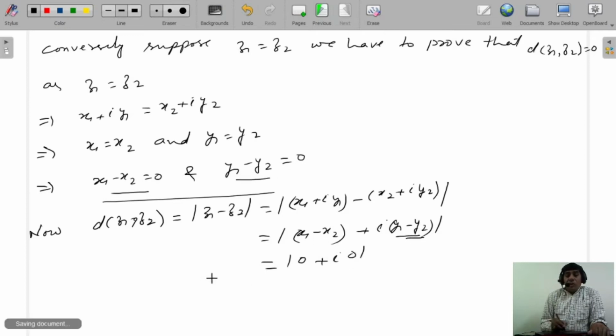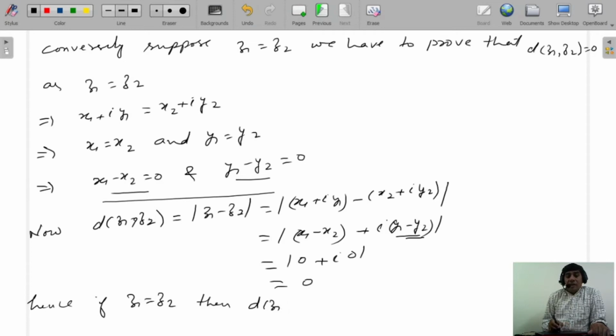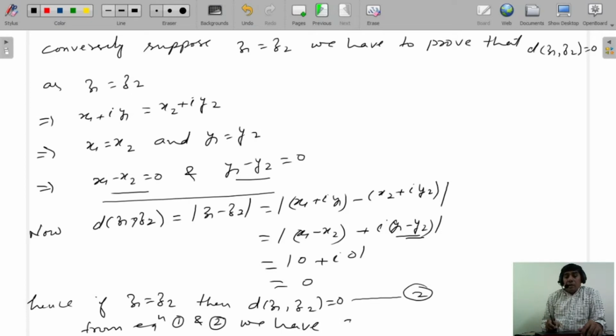Therefore, 0 plus iota 0, which is equal to 0. Hence, if z1 is equal to z2, then d(z1, z2) is also equal to 0. Equation number 2. From equations 1 and 2, we have d(z1, z2) is equal to 0 if and only if z1 is equal to z2.